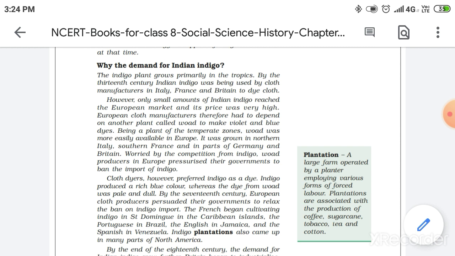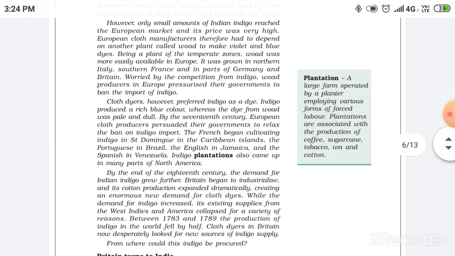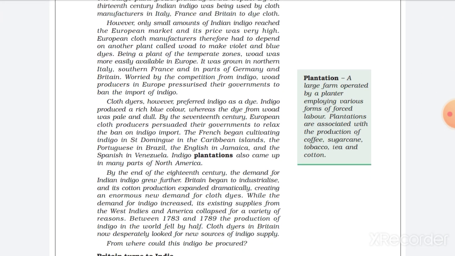Now, as Britain was expanding its cotton textiles, it needed indigo. But at this time, it found that there was no country producing enough indigo. Apart from India, the countries that used to supply indigo to Britain were the West Indies and America.